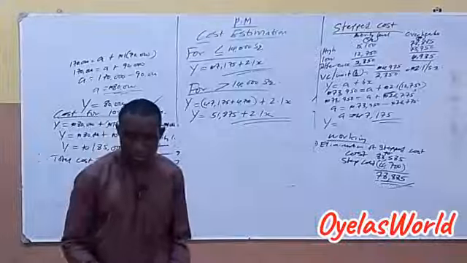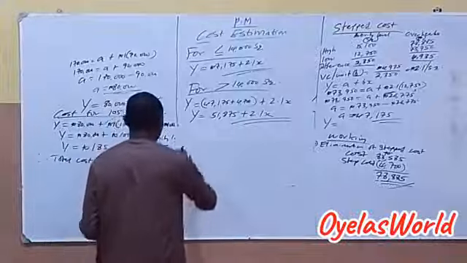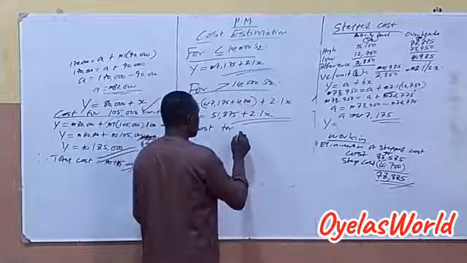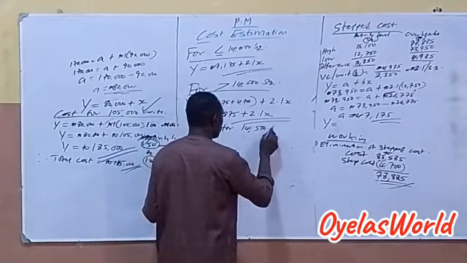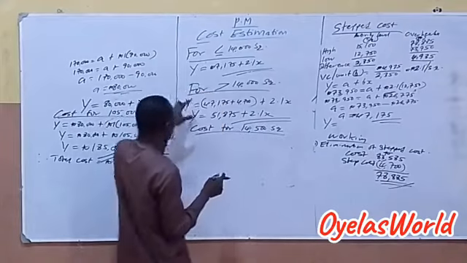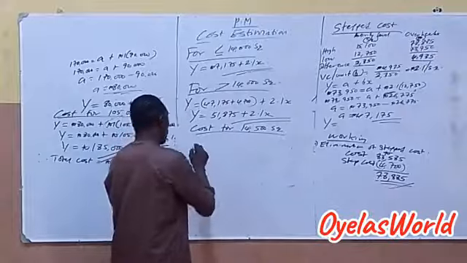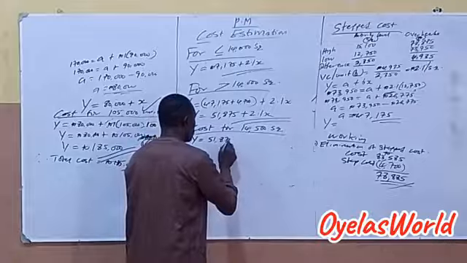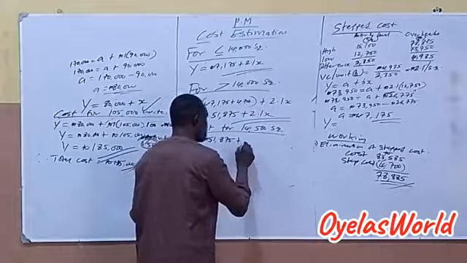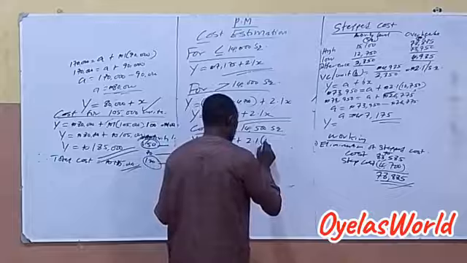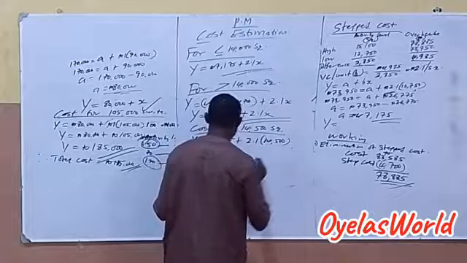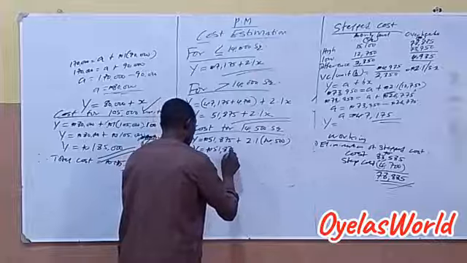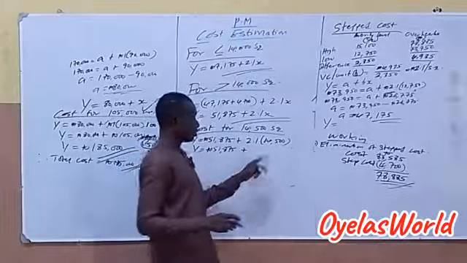So you come here, we have the cost for 14,500 square meters. So we are using this. It will now be y equals 51,875 plus 2.1 times 14,500.